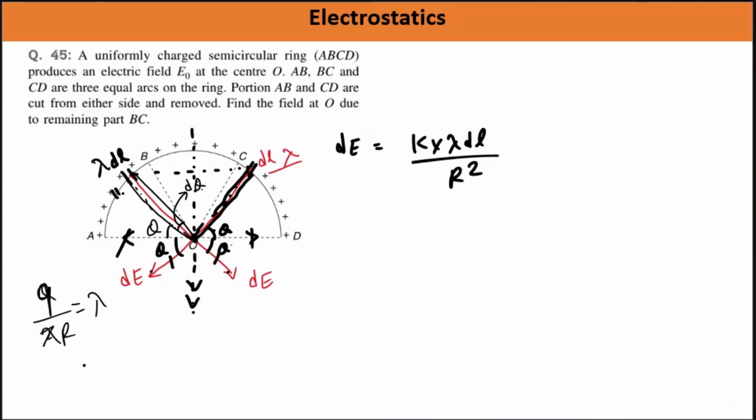Similarly, you can take so many elements covering the whole portion, and for each such pair you will get an electric field in the downward direction. So at point O, the net electric field will be in the downward direction. If you have to calculate the electric field at this point because of the whole length of the ring, you will simply be adding this dE.